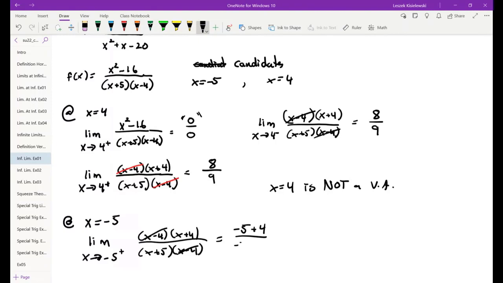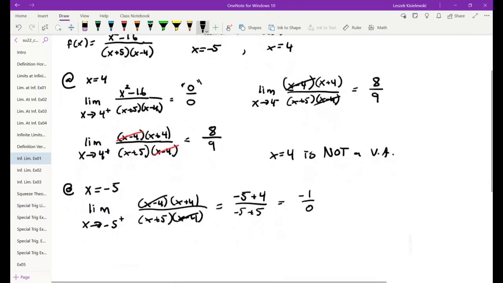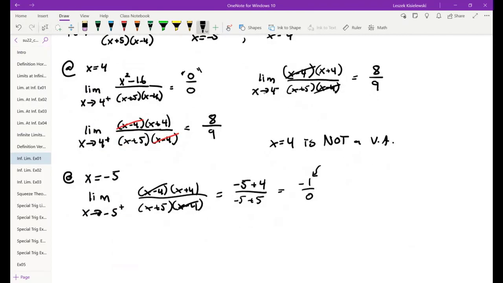The denominator goes to -5 plus 5. So you get -1 over 0, right? So you get plus or minus infinity, right? Anytime you have a non-zero number divided by 0, that's going to be an infinite limit. But what you have to be able to do is determine whether that infinite limit is plus infinity or minus infinity. So you might have to do some sign analysis here by using test points or something else.